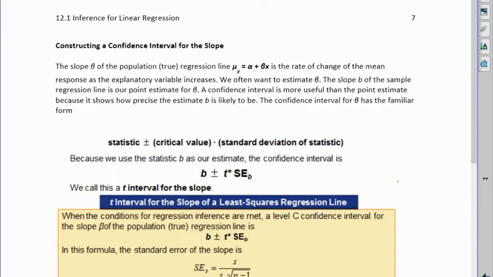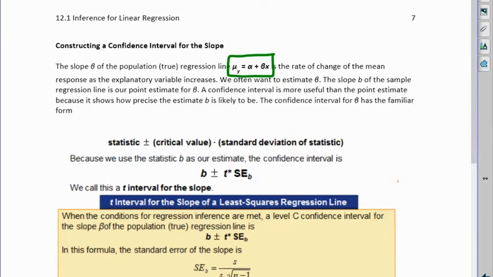So now we're going on to constructing a confidence interval for slope. And you'll see that this process is extremely similar to confidence intervals for means, because we will be using t as well. We're trying to predict that population true regression line.